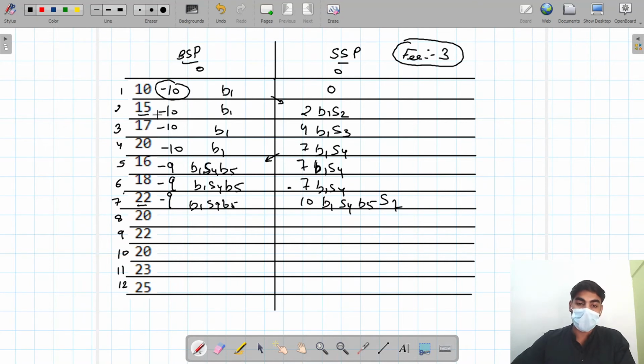So here what we are doing is buying the first one, taking a loan of 10 rupee. And for the second day, if we buy, we take a 15 rupee loan, and we have two options. We can buy a new one or take the older one as it is. If we buy a new one, we have to take a 15 rupee loan, or if we take the older one as it is, we take a 10 rupee loan.